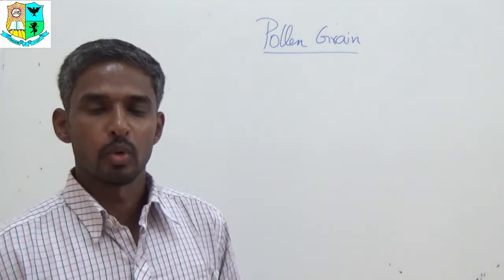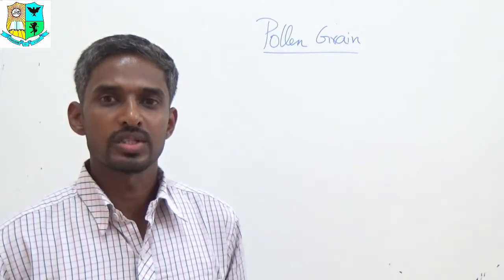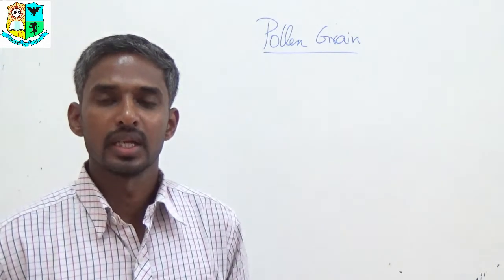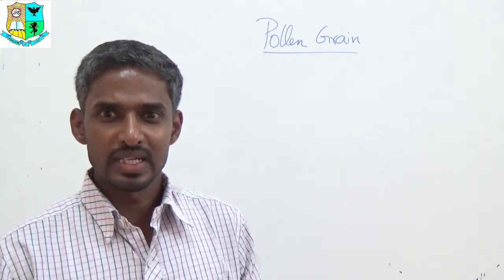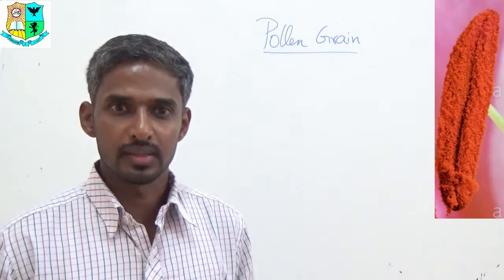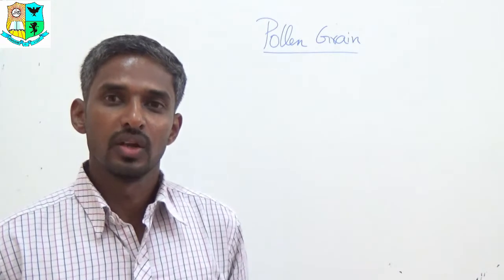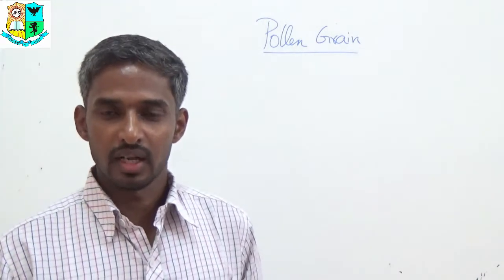Let us now study about pollen grain. Pollen grains are small structures which cannot be easily seen by naked eyes. That means we can see some dust-like particles, but if we have to study the structure of pollen grain, then you have to take it and look at it under the microscope.